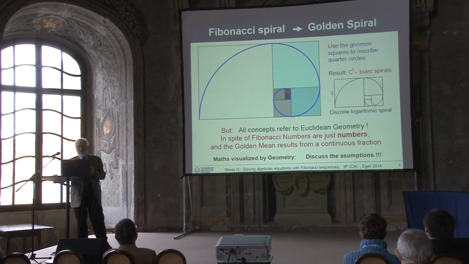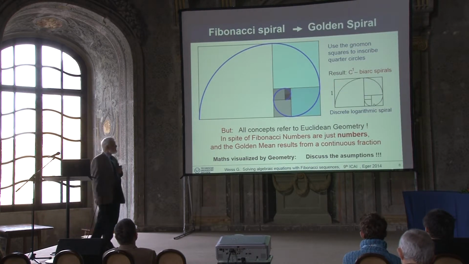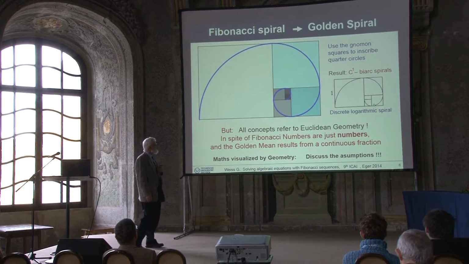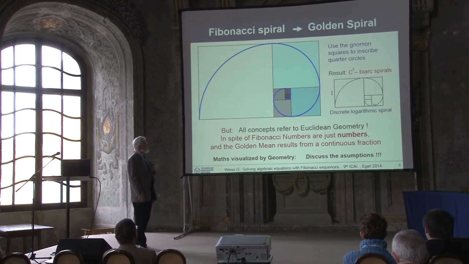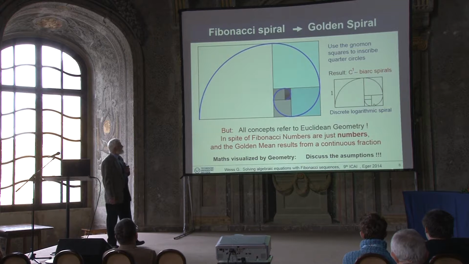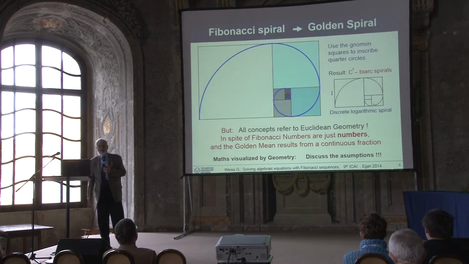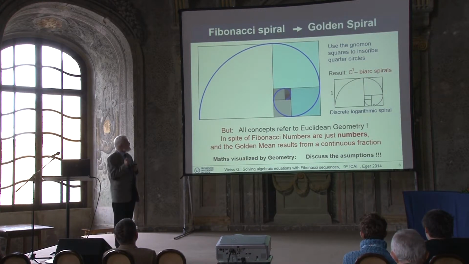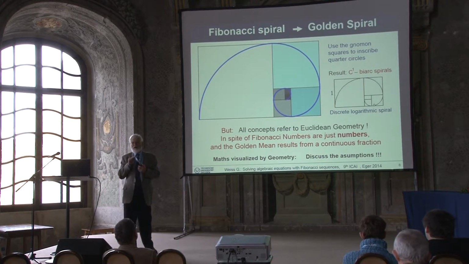And here you have again the Fibonacci spiral versus the logarithmic one, the discrete logarithmic spiral on the right-hand side. So you start with this, and I think this Fibonacci spiral is more natural than the logarithmic one.